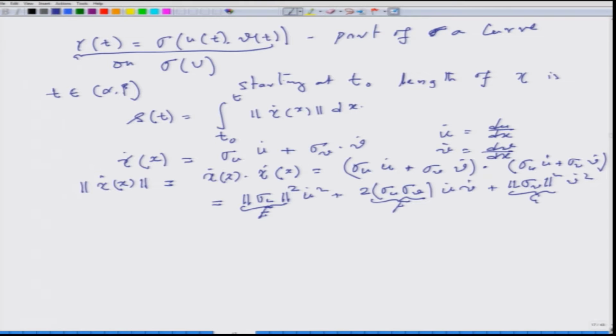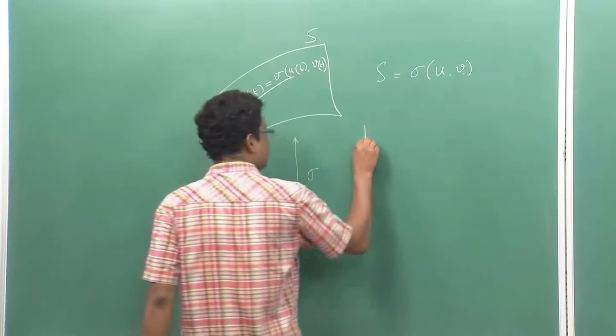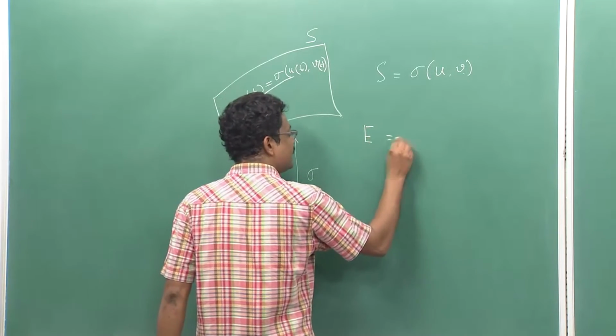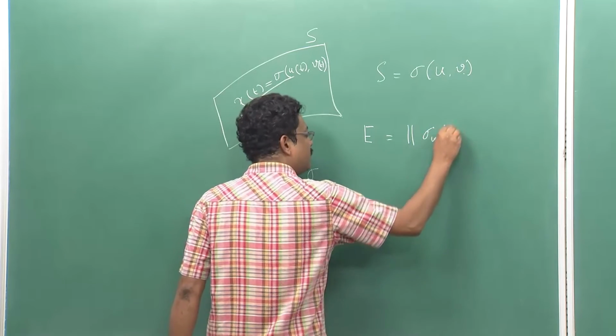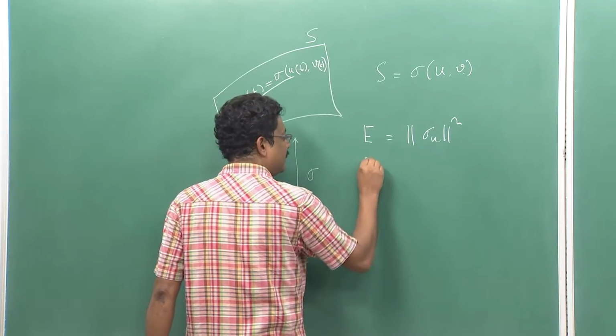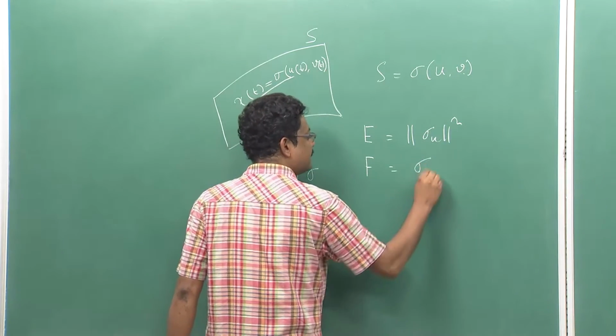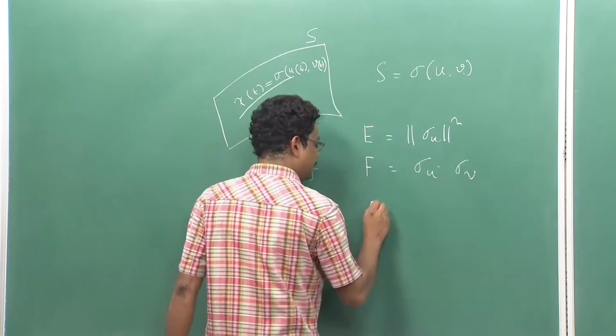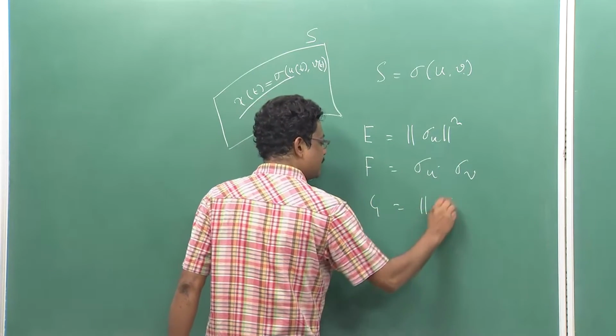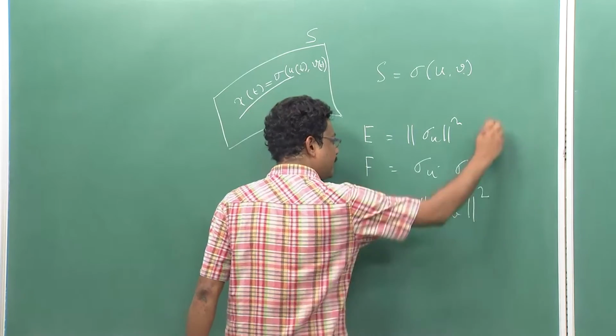So, this is going to be important. I write it again for the surface patch. It is a very standard notation. E is norm of sigma u squared, F is sigma u dot sigma v, and G is norm of sigma v squared. Remember this.